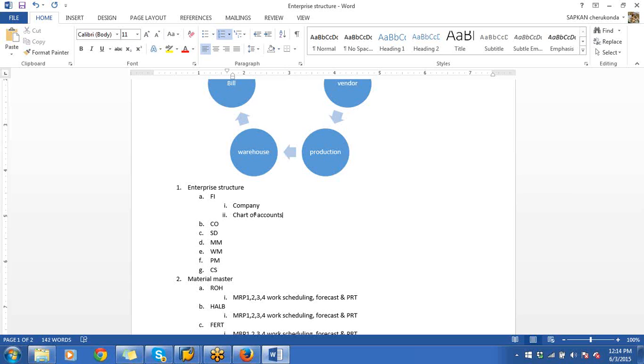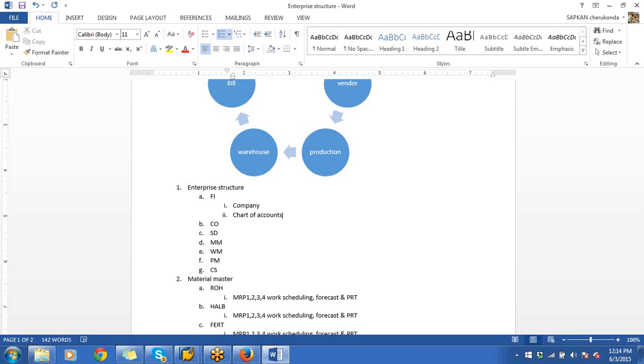Chart of accounts is also SAP jargon, but in finance terminology, people use chart of accounts. It's not only an SAP word, and it's not the company code. If you say company code, no one will understand unless you say legal entity, other than SAP guys.